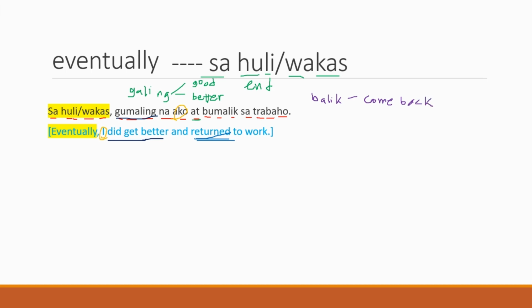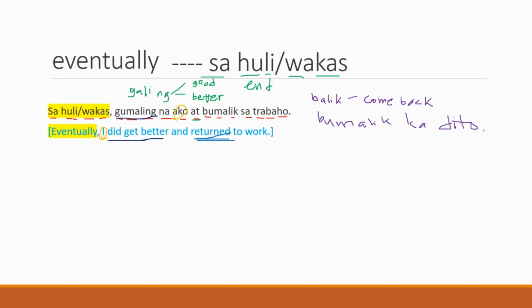So if you want to say to the person, come back here, it will become bumalik ka dito. Bumalik ka dito. So it's the same. We are going to use bumalik. Bumalik ka, you, dito, here.